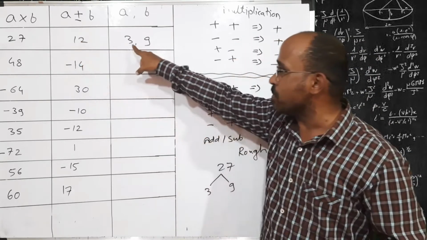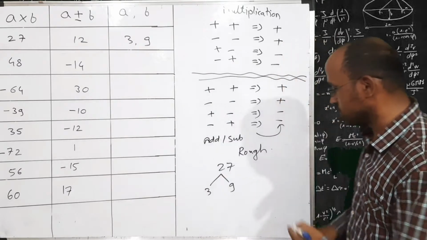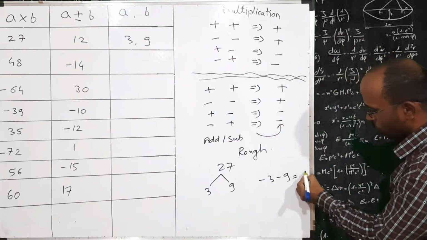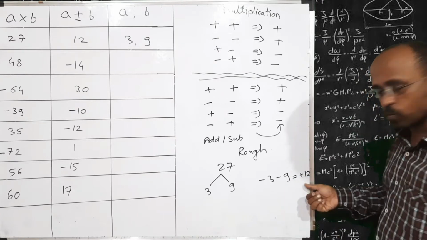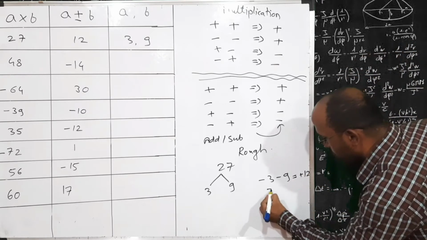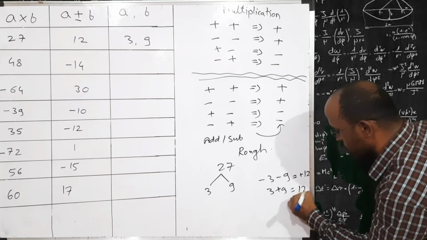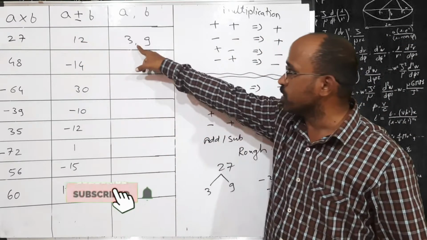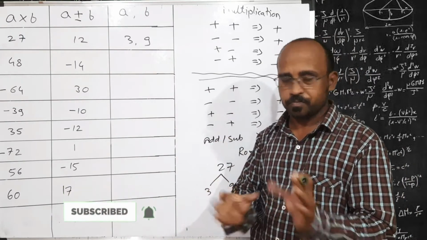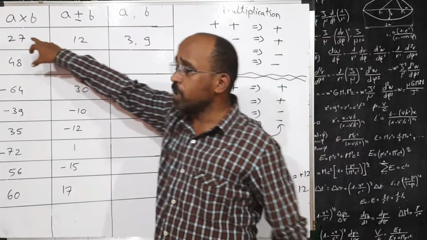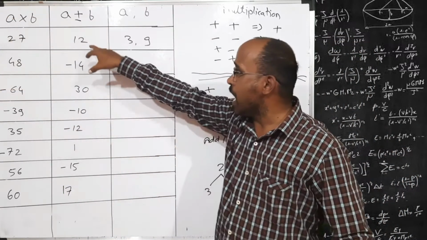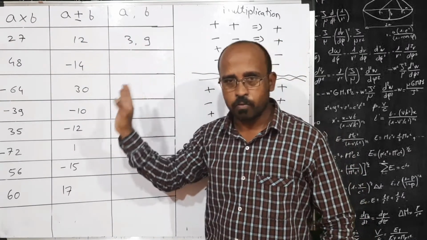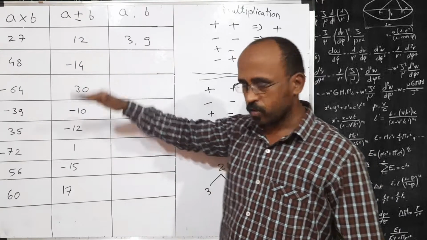Is it possible that minus 9 minus 3 gives plus 12? No. Plus 3 plus 9 will be equal to plus 12. If the multiplication is positive and the addition is also positive, then both numbers or factors are positive. I hope you have understood it.